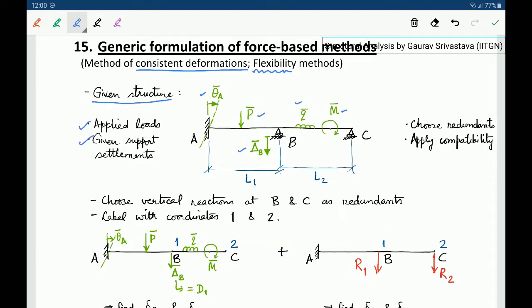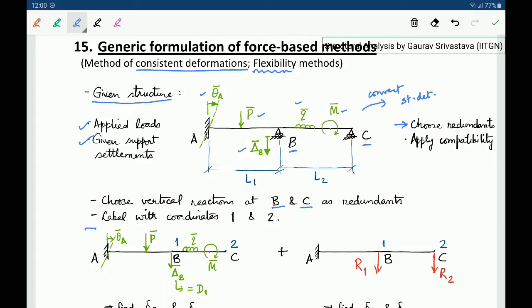The first thing we do is to choose redundants. We convert this structure to a statically determinate structure, and we do so by choosing the redundants and removing the corresponding supports. Let's say in this case, we choose the vertical reactions at supports B and C as the redundant forces.